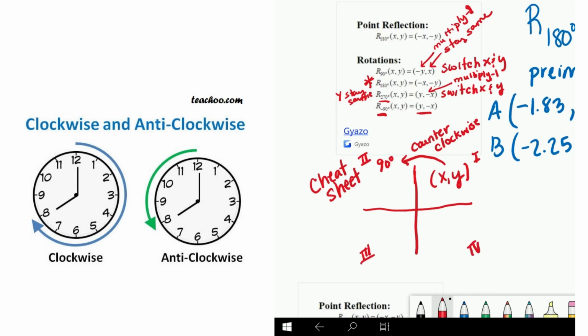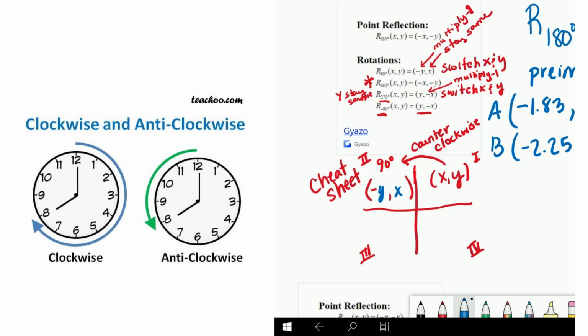In the second quadrant, my x coordinates are negative and my y coordinates are positive. But when you do a rotation, the points switch, so the new x coordinates are going to be negative and my new y coordinates are going to be positive.